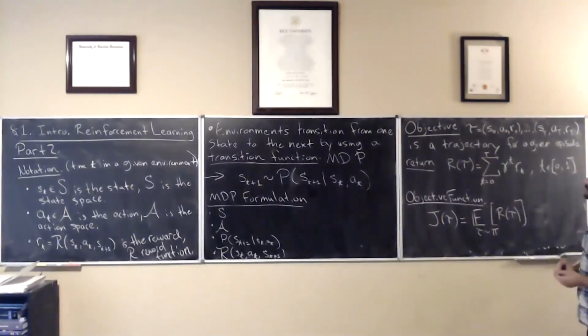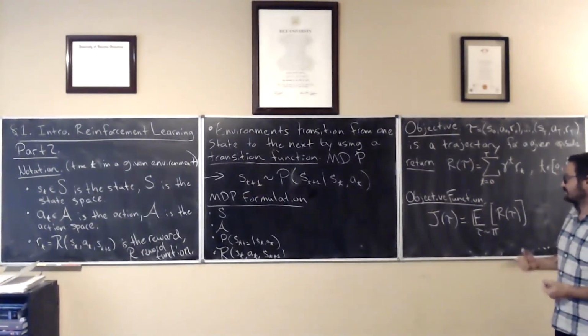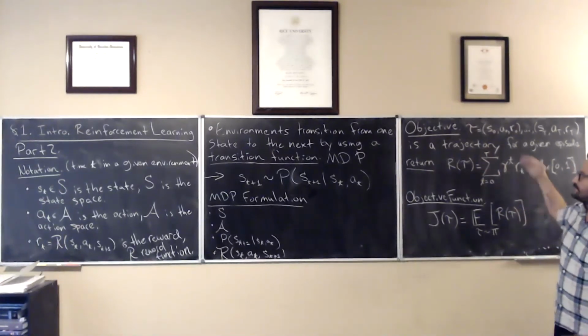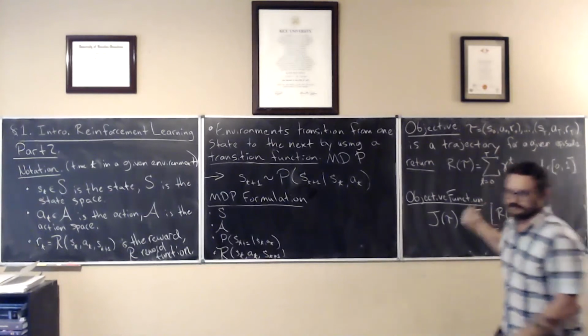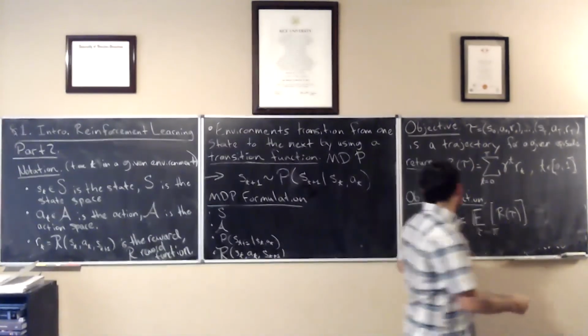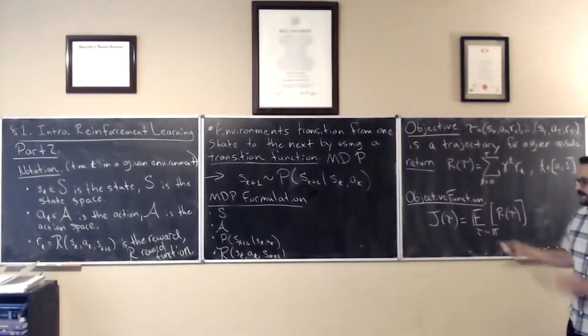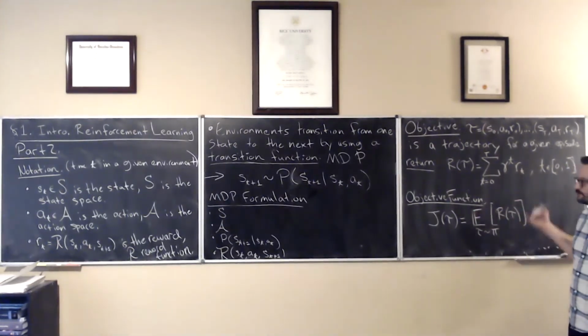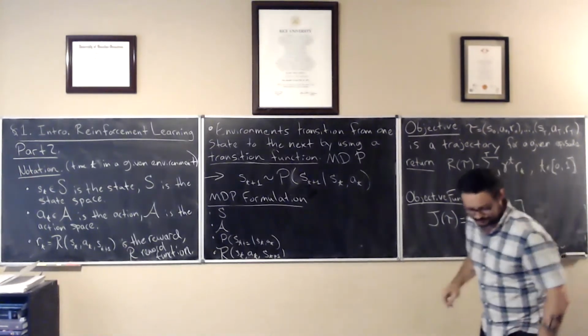So since it's not deterministic, the returns are going to be different for the same probability distribution. They could be different, right? But among all of them, if you average them out, that's what we want our objective to be. So we want, in the end, to maximize this expectation, the average rewards for a given trajectory.